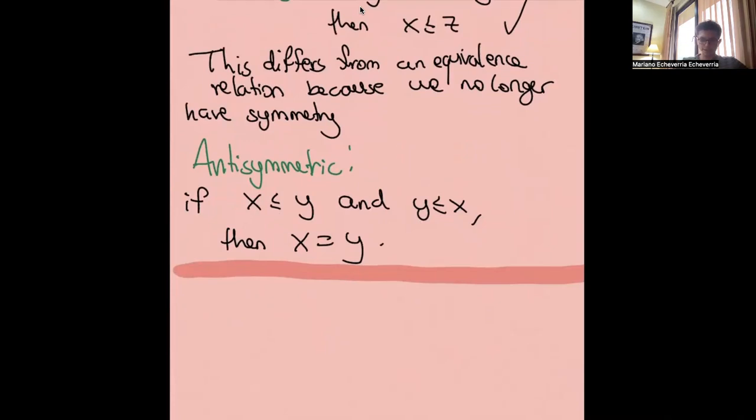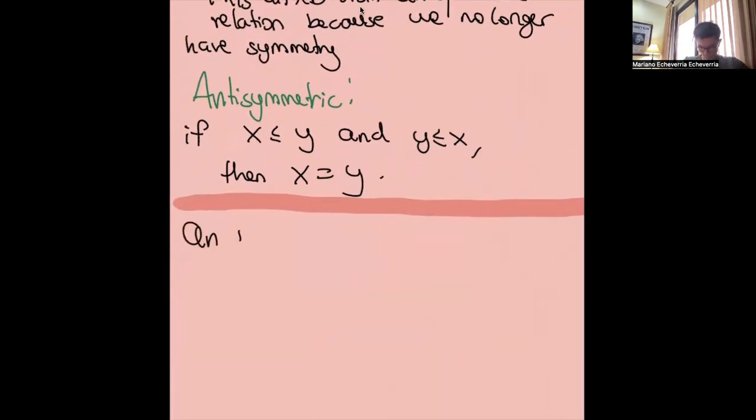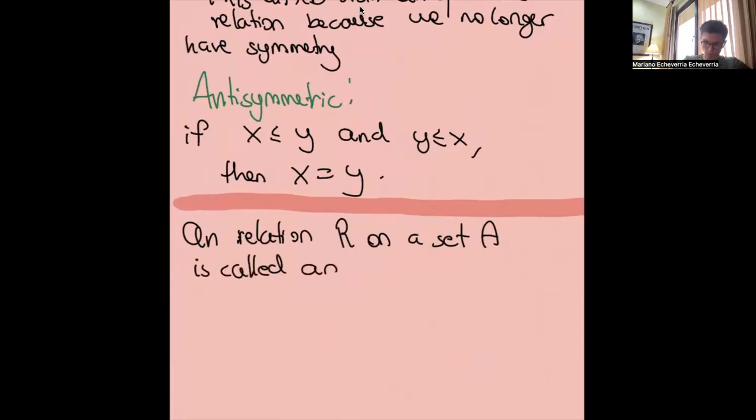So a relation R on a set A is called an ordering relation if it satisfies what?